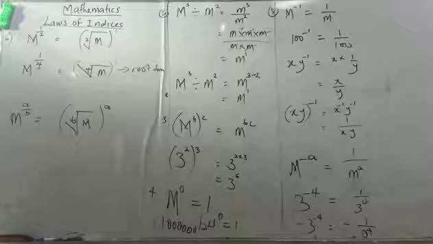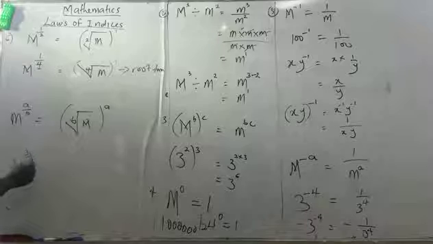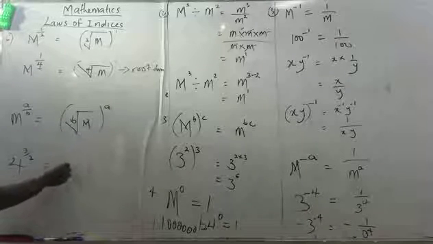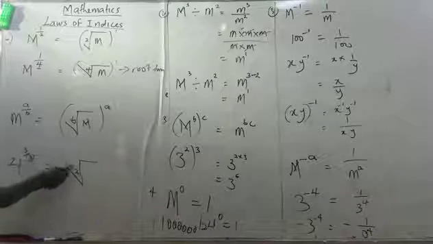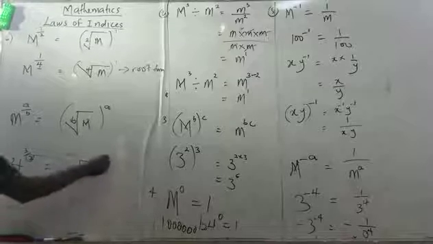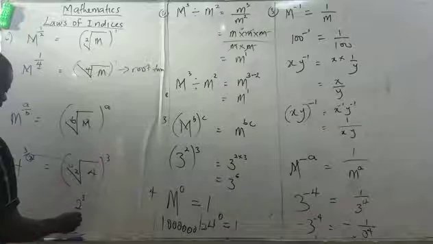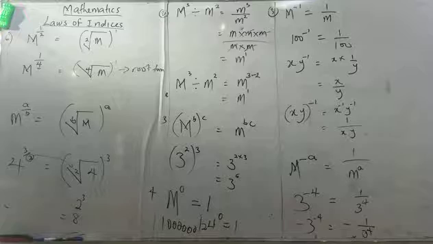That is my answer. For instance, if I have 4 raised to power 3 all over 2, look at me, I have 2 here, this one will come here, and I will have the square root of 4 powering 3. Now, square root of 4 will be 2, and 2 raised to power 3 will be 8. That is all about that.